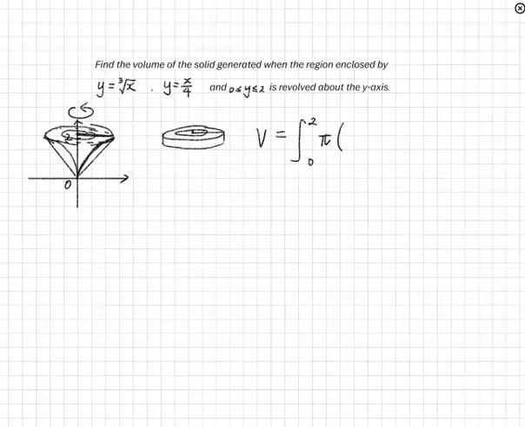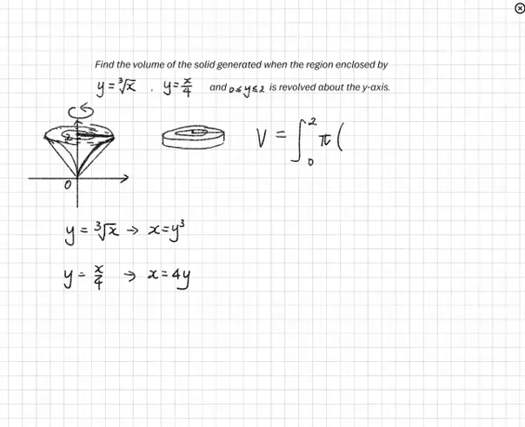So we're going to rewrite both functions in terms of x. Y equals the cube root of x gives us x equals y cubed. And y equals x on 4, if you rewrite it, gives x equals 4y.